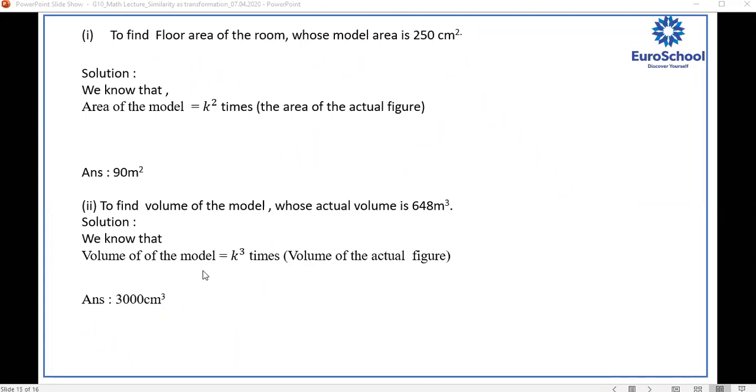First mark you will lose where you do not use conversion. Second mark you will lose if you do not write the unit properly in the answer. So these questions are very important. It's a 4 marker and you can easily score here. Start practicing for this chapter, okay?